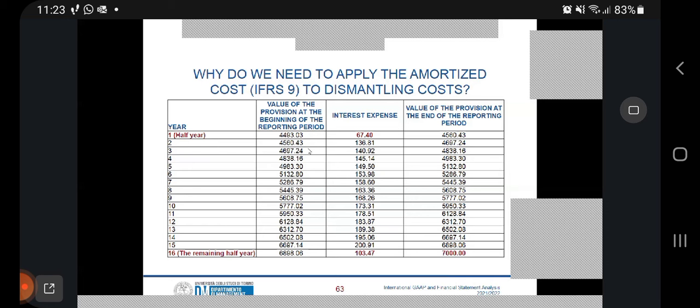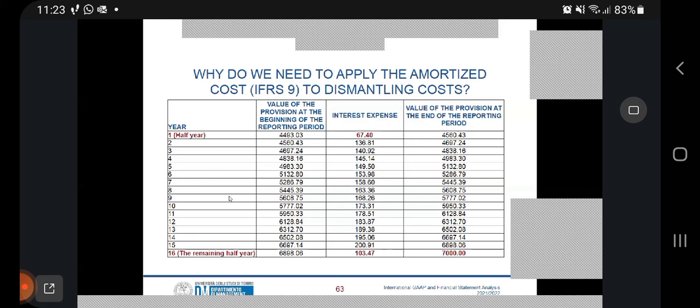If you go on for 15 years, please pay attention, since the first year was composed of just 6 months because the machinery was ready to use on the 1st July. So in the last year you have to consider just 6 months, and compute the interest expense just for 6 months.